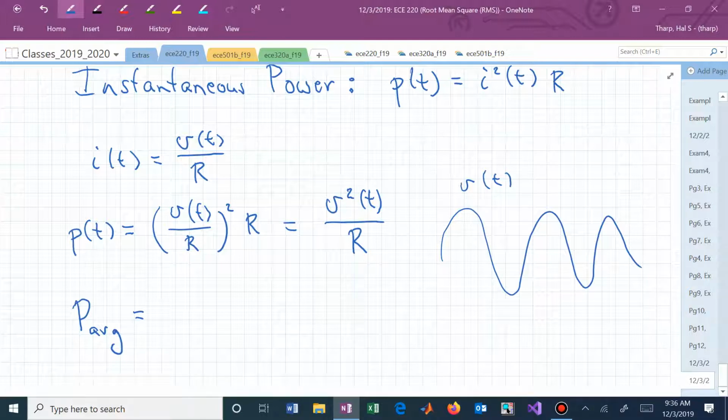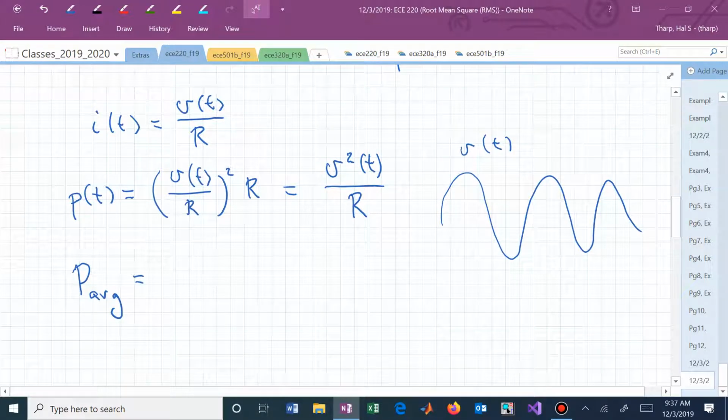Integrate over a period, and in fact the period is the more effective way to do this. You want to go at least over a period. You could go over multiple periods, but then you divide by that time interval. And in this case we're actually squaring the voltage before we find its average.